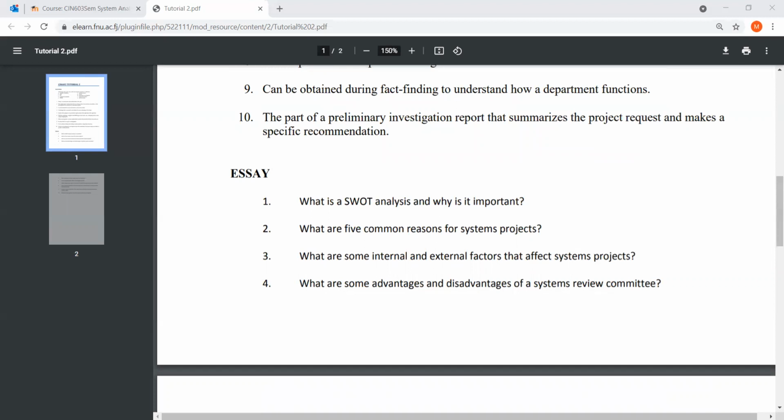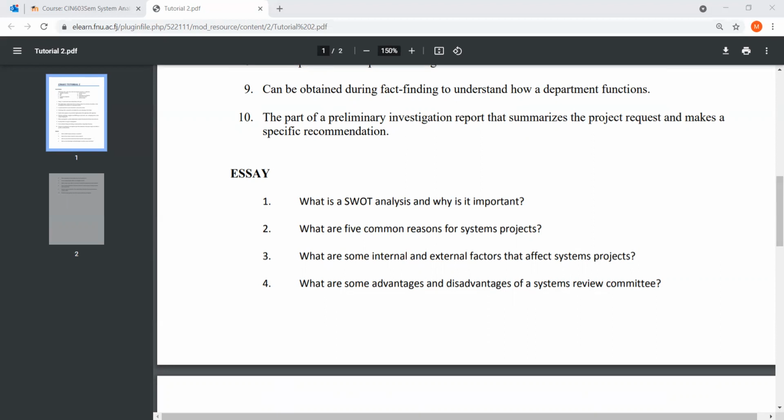Next up is stronger controls. And the last one is reduced cost. So those are the 6 reasons for why you want to come up with a new systems project.